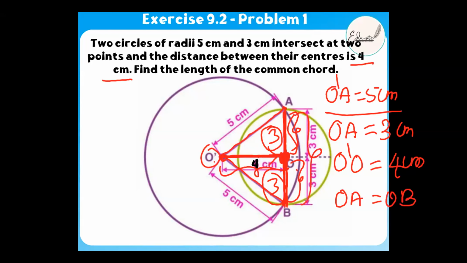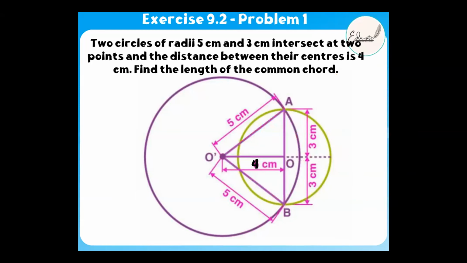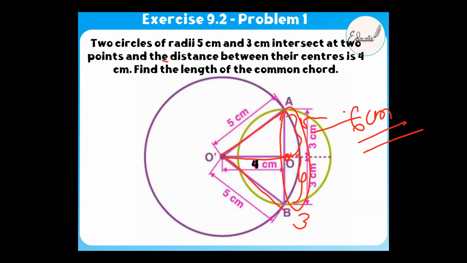If this is 6 centimeter in length, it bisects it, so it is 3 centimeter and 3 centimeter. It's quite easy. You do not have to prove all of this. It's actually very easy. If it is 5, this is 4, and this is this, and it stands inside the circle. We know that OB is equal to 3 centimeter and this is equal to 3 centimeter. That's all. 3 plus 3 is the actual answer. Okay, length of the common chord is 6 centimeter.